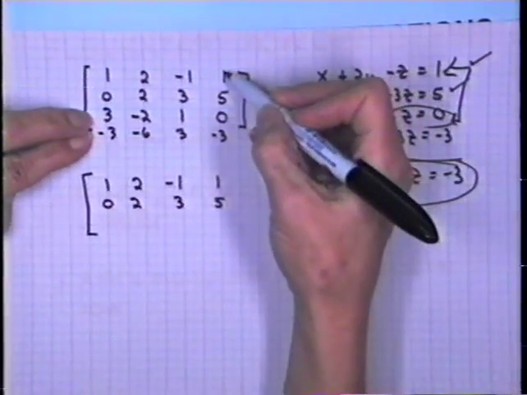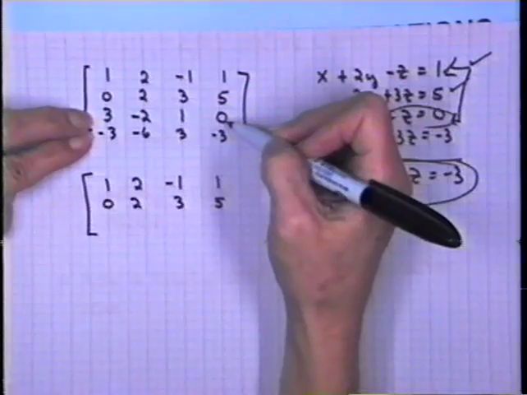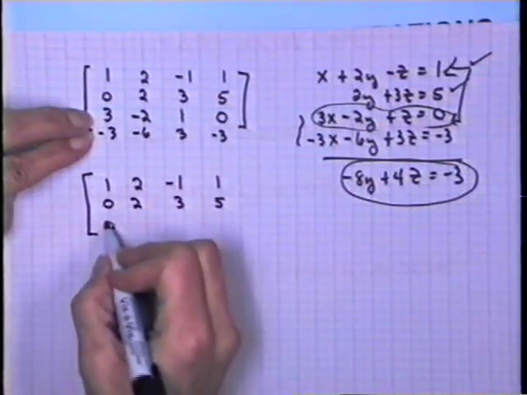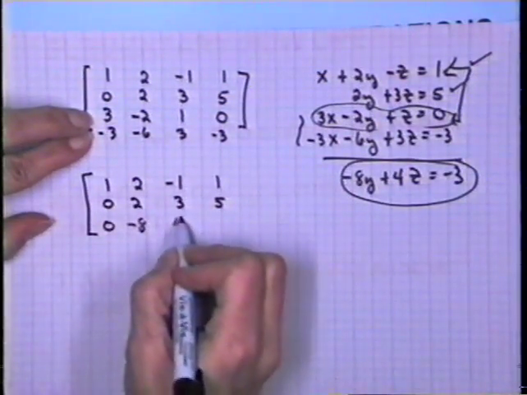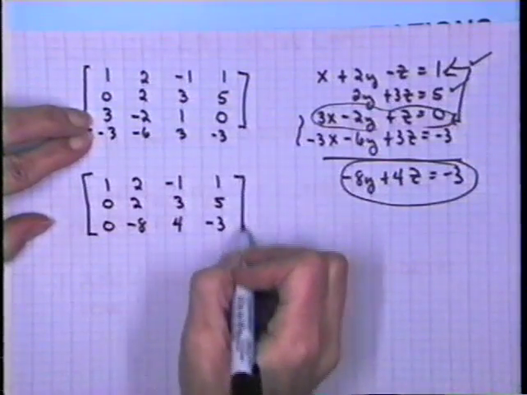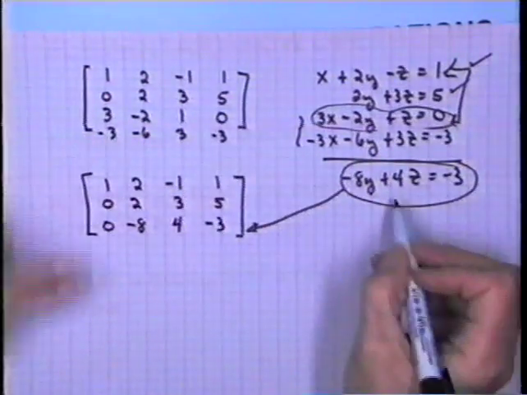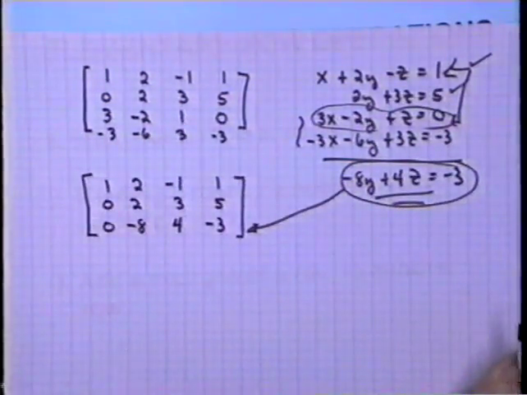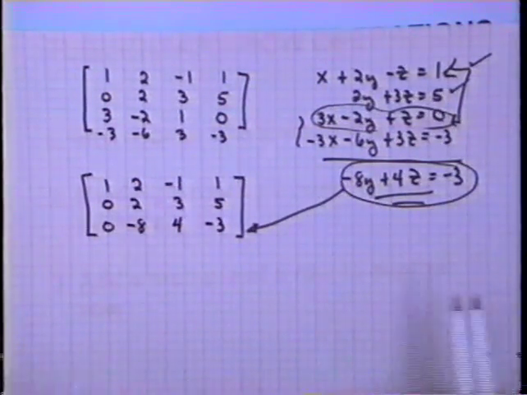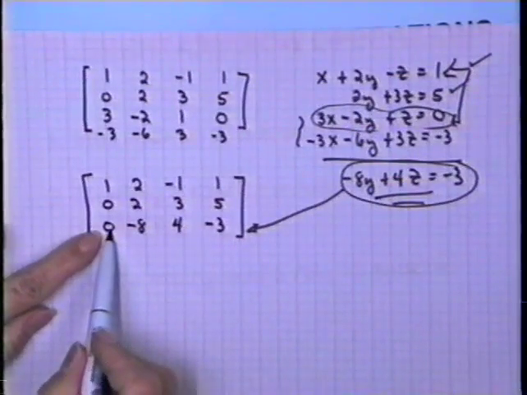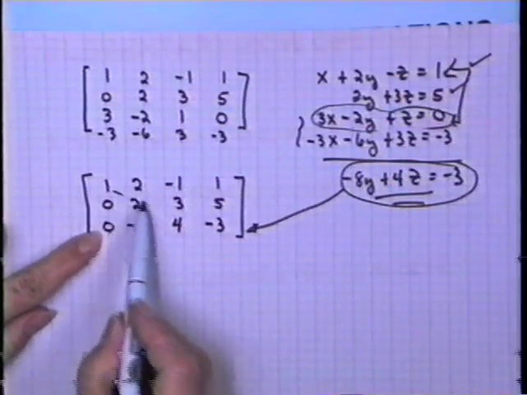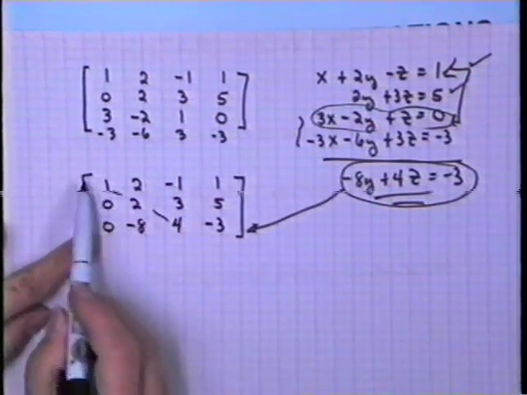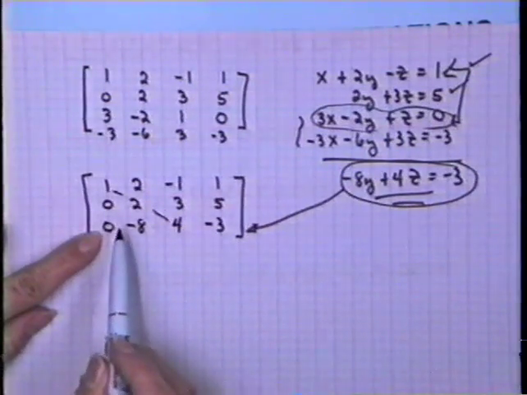What am I doing? I'm adding a multiple of this row to the third row. I get 0, negative 8, 4, and negative 3. Notice that third row now represents this new equation where I've eliminated x using two of my equations. And if you notice what it's done, it's created a 0 here. So I'm on my way now to having zeros down here.